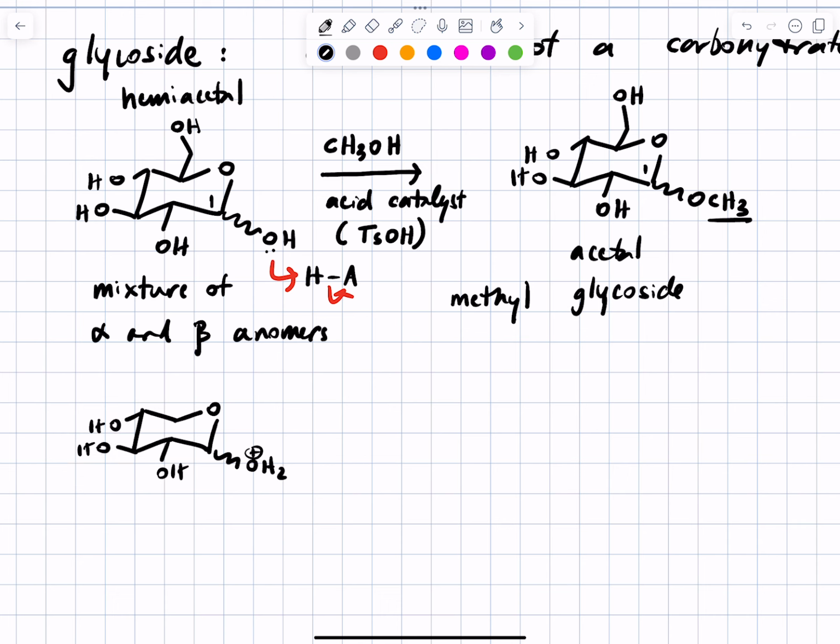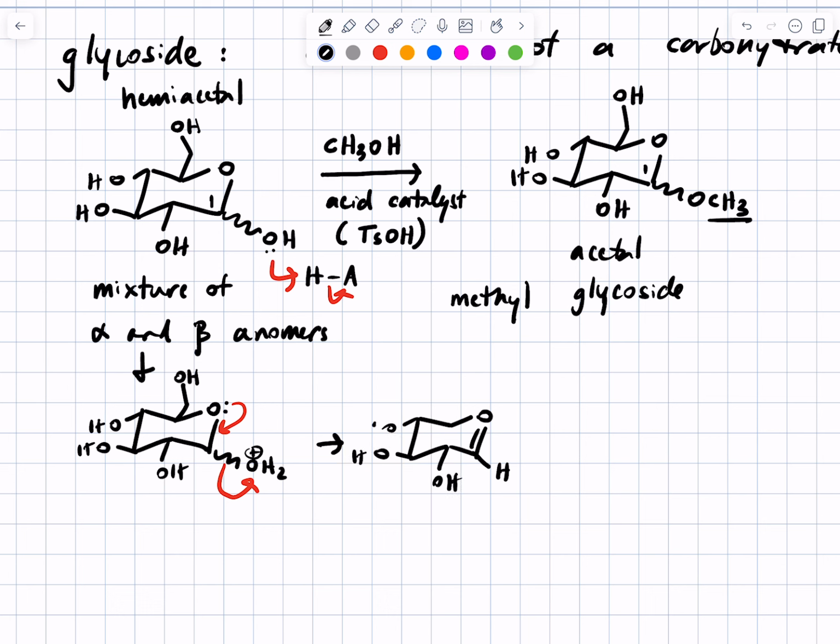Feel free to abbreviate the rest of the glucose molecule if you want to. Then the lone pairs on the oxygen can kick down and make the leaving group leave. That will get you to this oxonium ion, which we drew before in the mutarotation process.